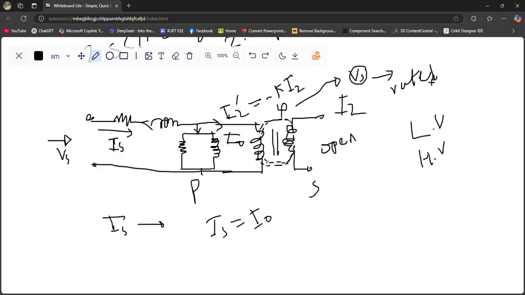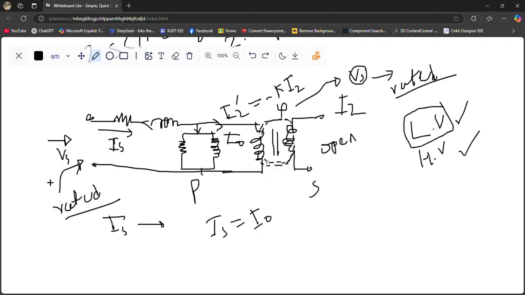So on which side is it easy to make the rated voltage? On the low voltage side or on the high voltage side? Obviously on the low voltage side. So we have to make sure that the supply voltage is rated, and on the low voltage side it is easy to make the rated voltage.